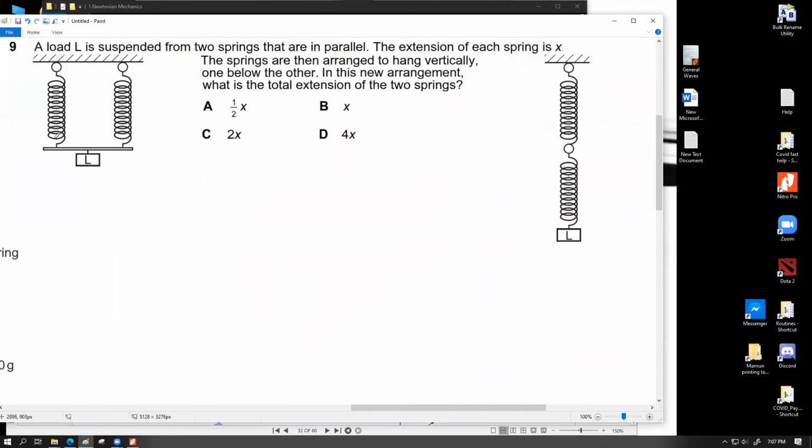I mean, you have to understand, according to the question, here the extension of this setup is X. The question is, what is the total extension of this setup? Try to go from here into one spring, 1L. Try to go from here to here. And then from here to there. This will be easier for you to achieve. Give it a try.